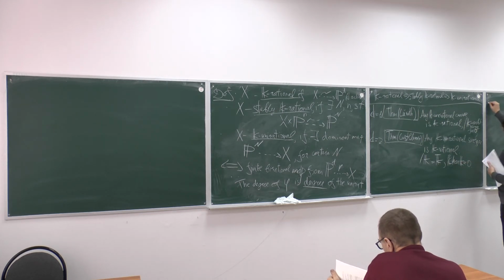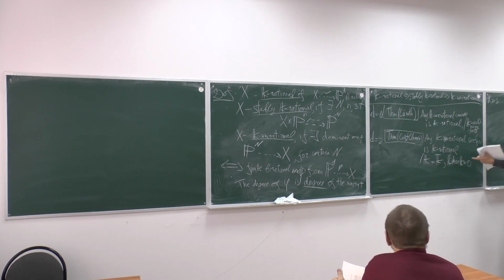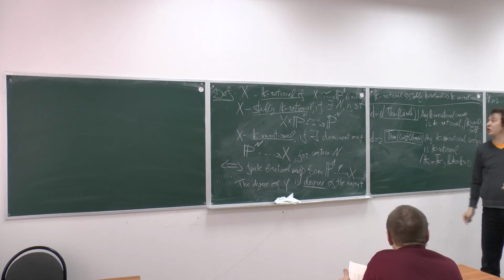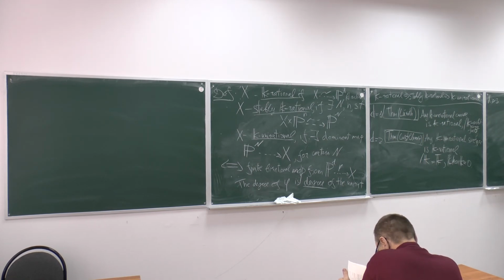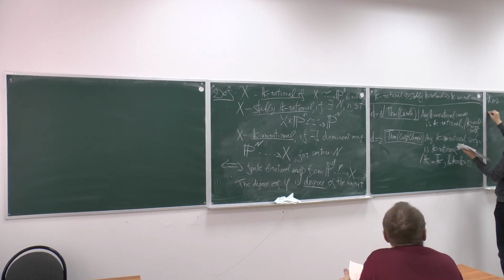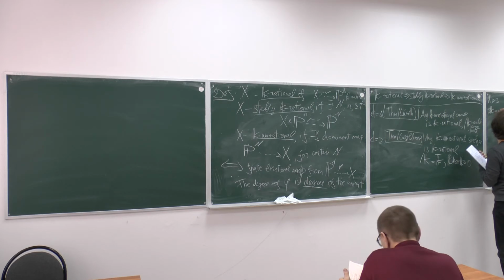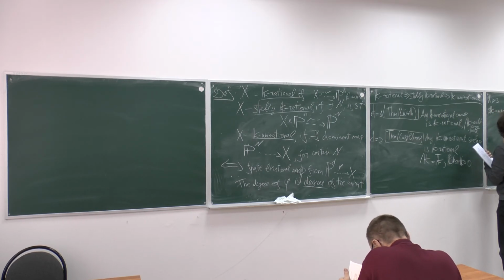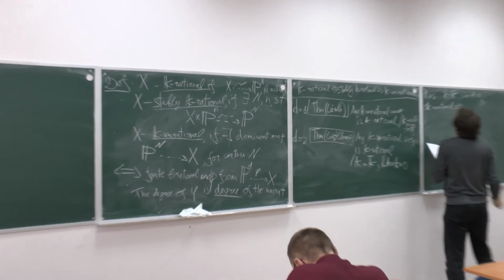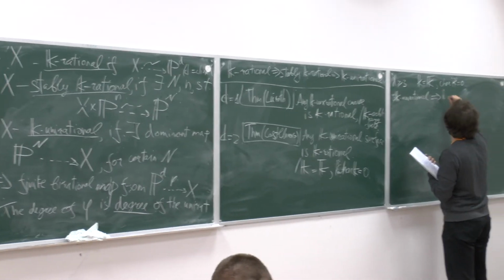For dimension 3 or greater, even for fields such that they are algebraically closed and of characteristic 0, the converse implications are false. So there are some examples which were constructed that k-unirationality does not imply stable k-rationality.